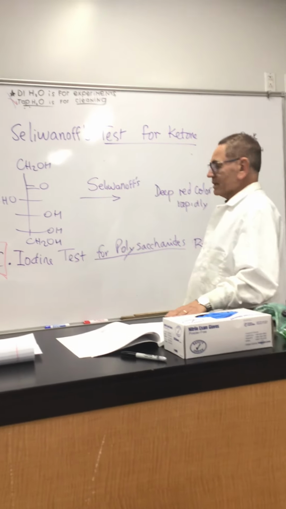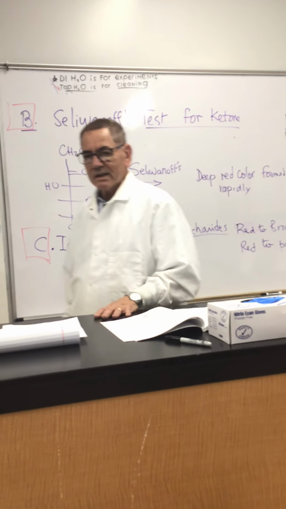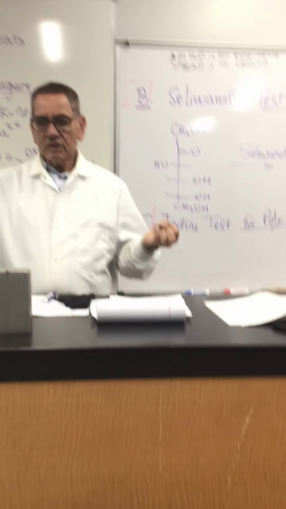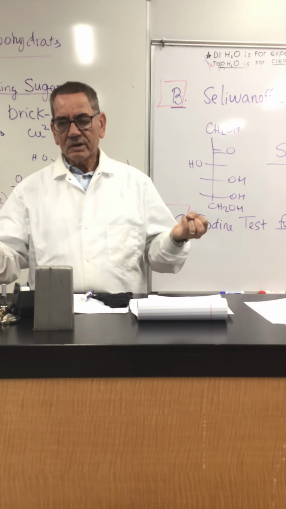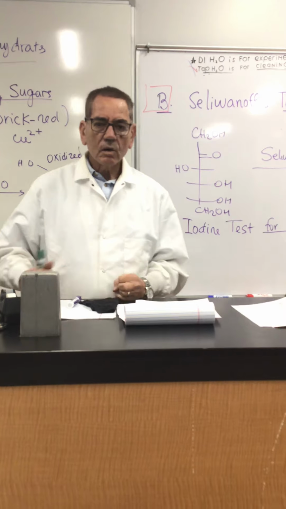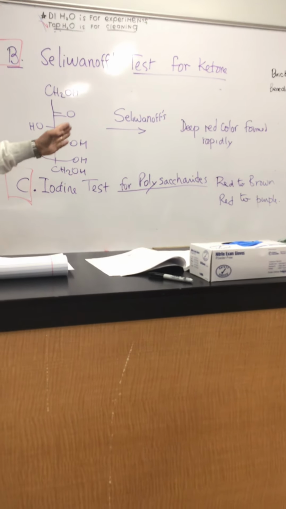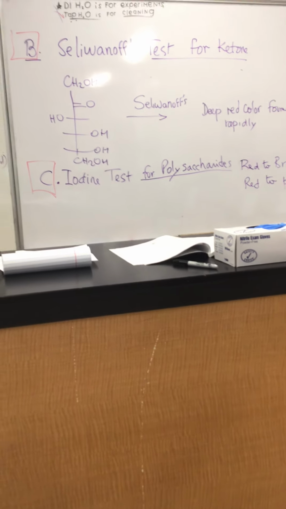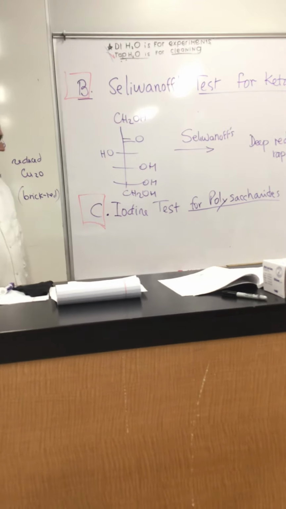The second test is Selivanoff's test. That's used to differentiate between aldoses, which are aldehyde carbohydrates, and ketoses, which are ketone carbohydrates. The ketoses will give you a positive test with Selivanoff's test. What is the positive test? It's a deep red color. The last test we did is the test for polysaccharides.